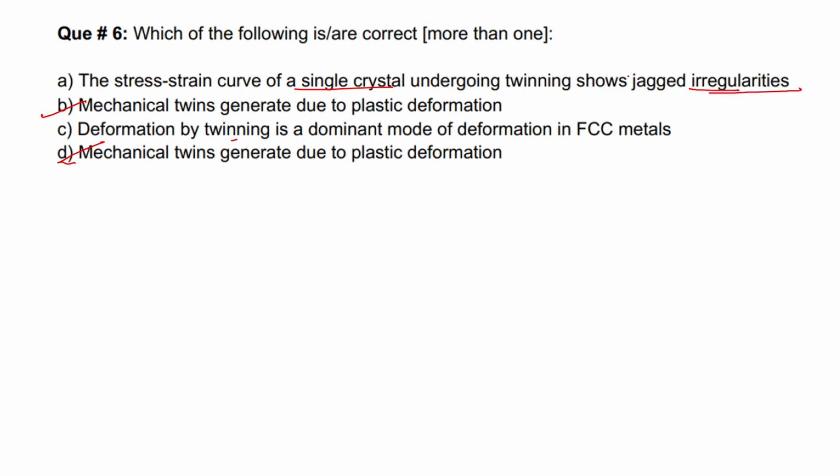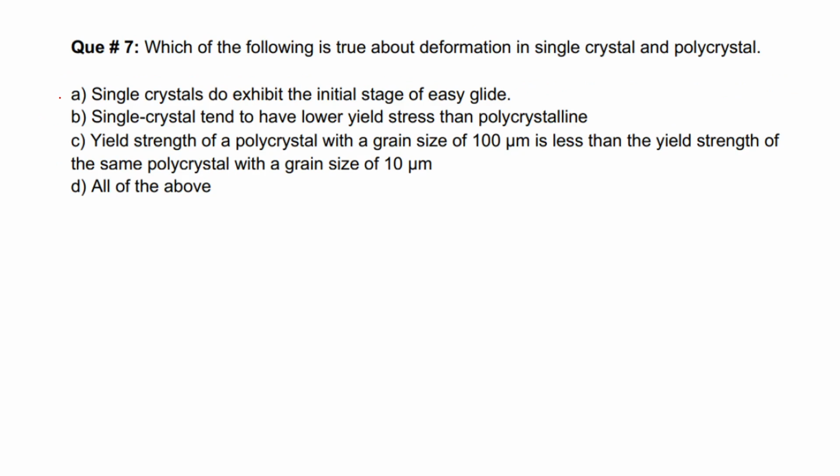Irregularities will come, like in the case of a single crystal. Okay. Can you provide me any stress strain curve which shows this kind of thing? I didn't check for it, I'll check it. If I get it, I will include it in the PPT. Okay, thank you. Now the seventh question.